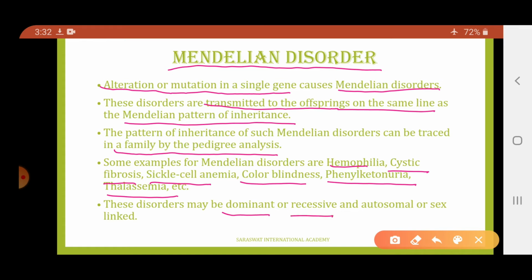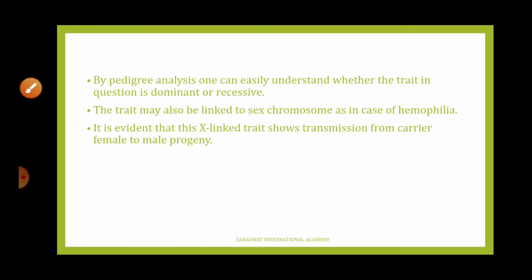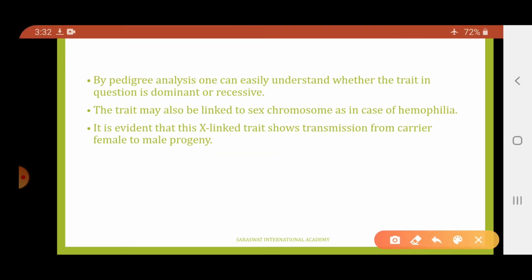They may be recessive, that is mutation basically in the recessive alleles, and autosomal, that is the affected genes may be located on the autosomes, or sex linked, that is the affected genes are located on the sex chromosomes. So basically we can classify these disorders into dominant trait, recessive trait, autosomal, or they may be sex linked trait. See students, in the next slide we will see what those traits are.